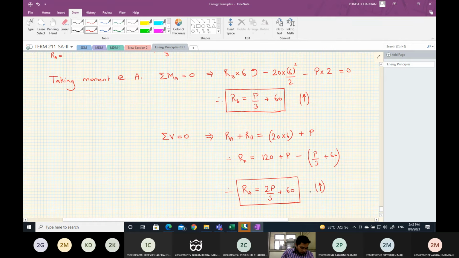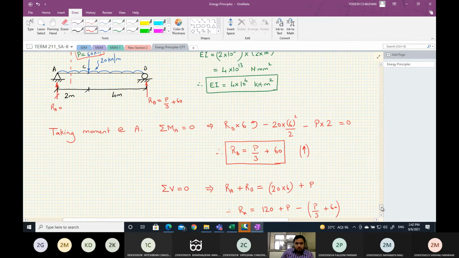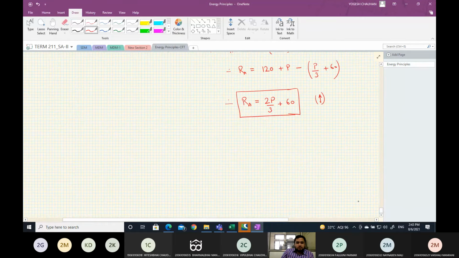This is also positive. So this is 2P by 3 plus 60, and this is P by 3 plus 60. Okay, now we have the reactions RA and RB in terms of P. So we will now make a table.